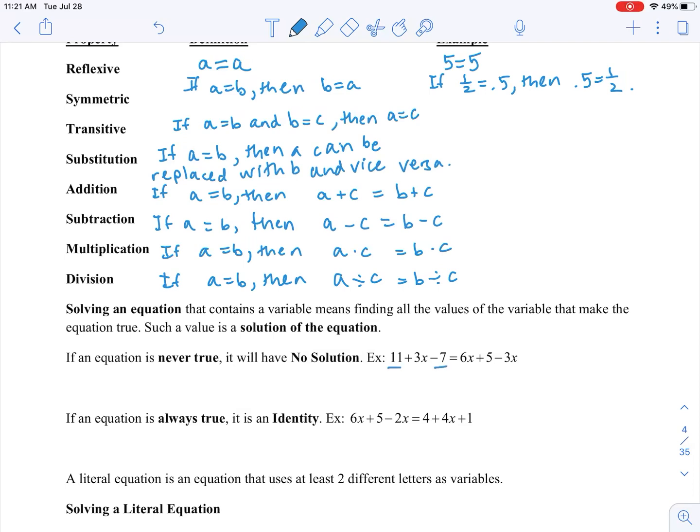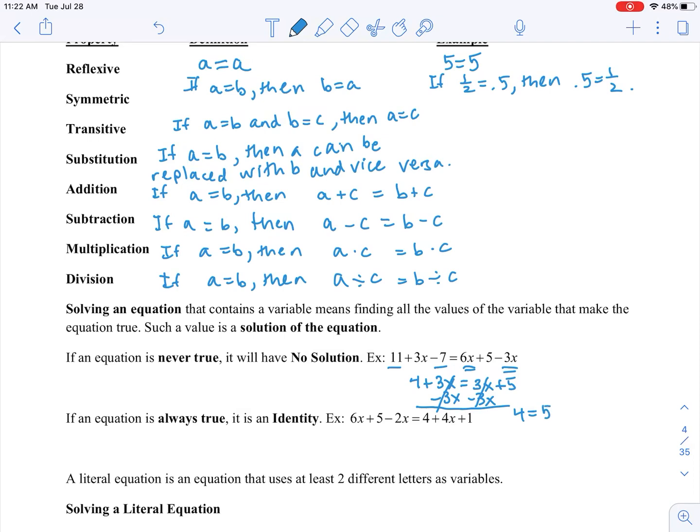On the left-hand side, you have 11 minus 7 is 4 plus 3x equals, on the right, 6x minus 3x is 3x plus 5. Something funny happens though, as I'm trying to isolate my x, I do the additive inverse of positive 3x, which is negative 3x on both sides, and the variables go away. The resulting equation is 4 equals 5 with no variables.